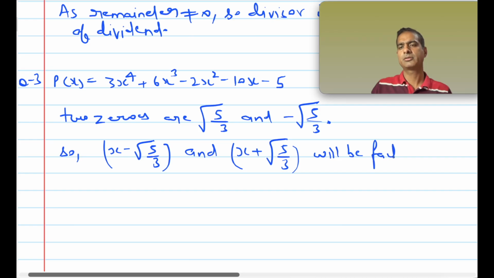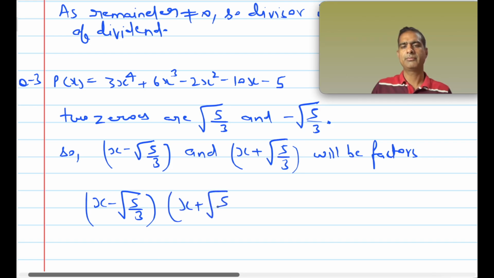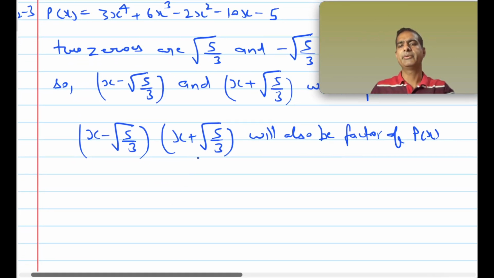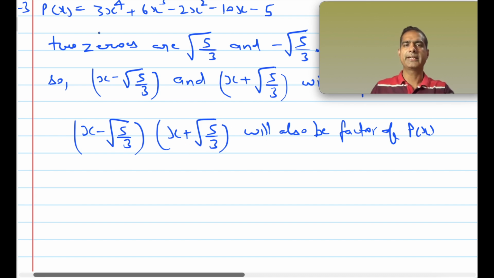will be factors of the polynomial. If they are factors, their product, that is x minus root 5 by 3 and x plus root 5 by 3, will also be a factor of p of x, because they don't have any factor in common, so their product will also be a factor of the given polynomial p of x.